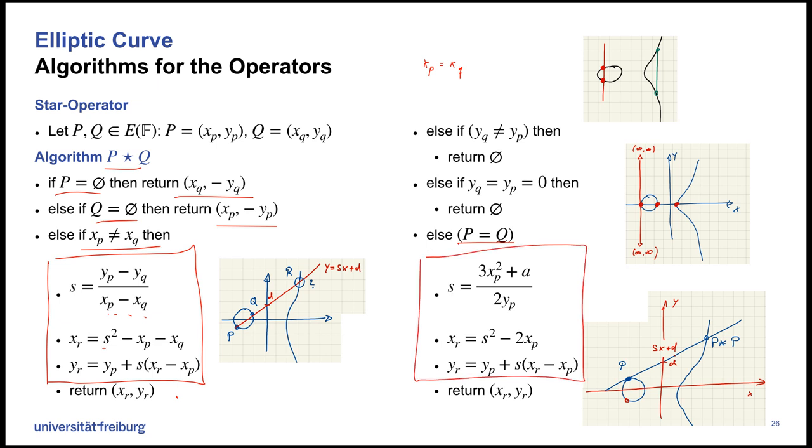And in this formula, we have the only time where we use a parameter of this elliptic curve, which is A. That's the first time, and the only time we use it. So if P equals Q, then we have to use A. We get a different value for S, but if you look at this formula, it is the same as this one if you substitute P and Q into it, where xp is equal to xq and yp is equal to yq.